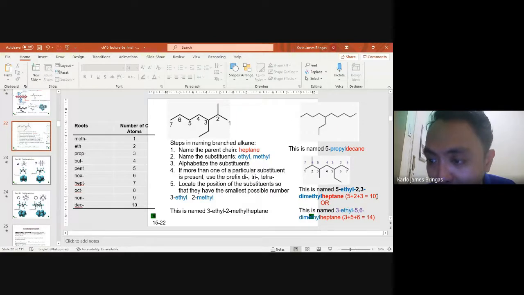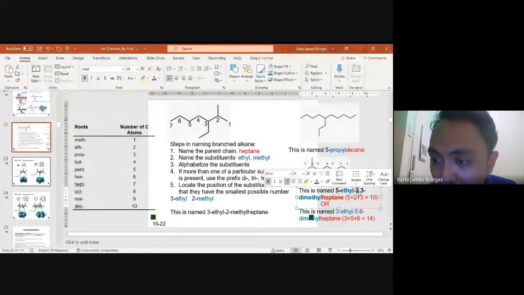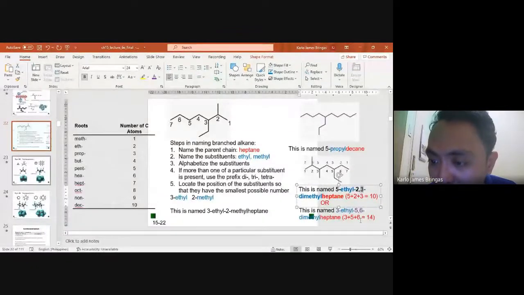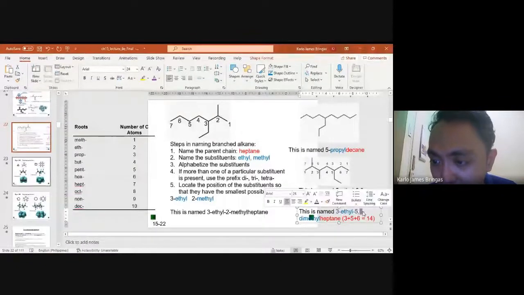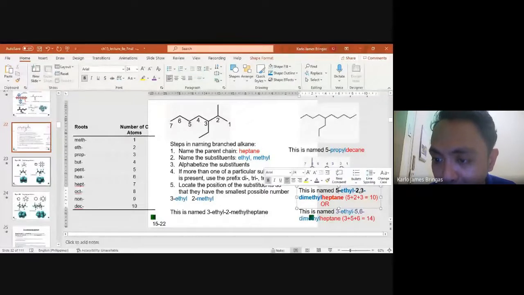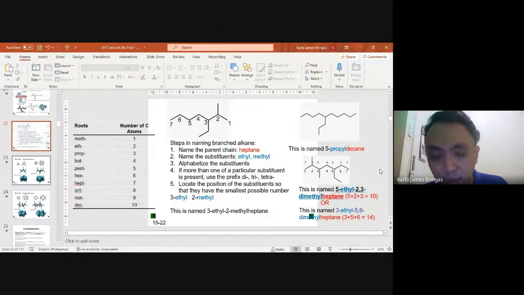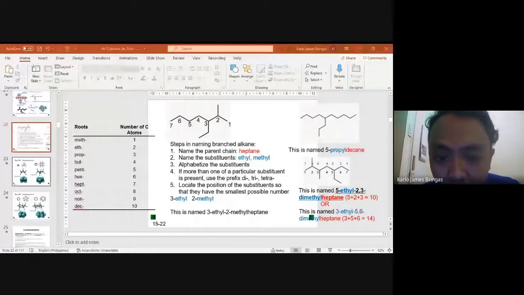The reason is because ang sum ng mga numbers na ito is smaller compared to the sum of the numbers here in the alternate name. 3 plus 5 plus 6 is greater than 5 plus 2 plus 3. This tells you na ito ang tamang pangalan for this one. So that is how you name your branched alkane.